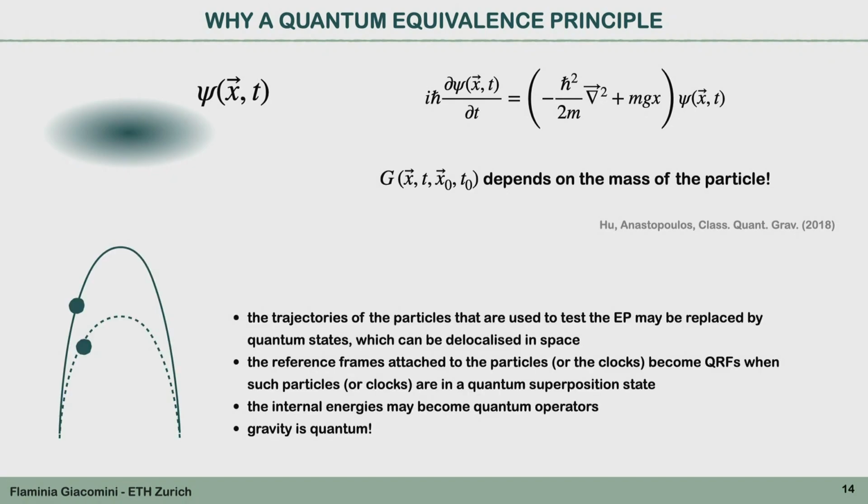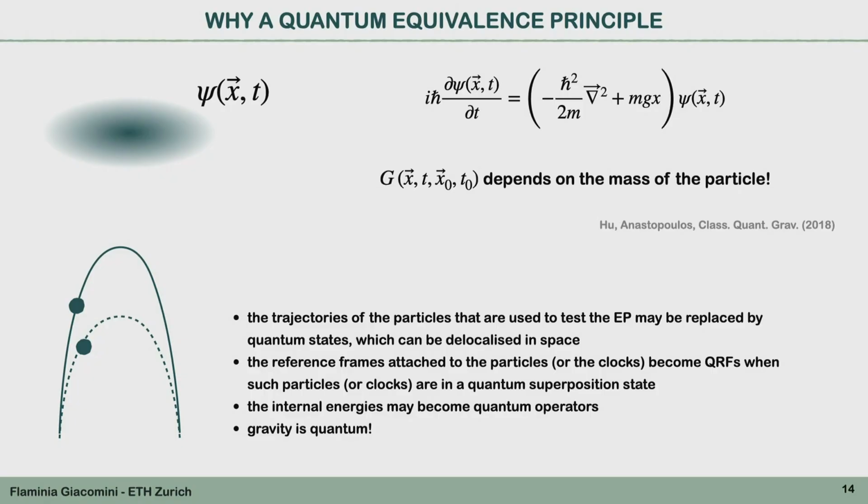There are different ways in which we can see that the classical Einstein equivalence principle fails, at least as I defined it now, when I test it in the quantum regime. For instance, the trajectories of the particles may be replaced by quantum states, or the reference frames attached to the particles or the clocks that I used to test it become quantum reference frames. So I could take the view of a particle that is in a quantum superposition state, and then I do not know what happens.